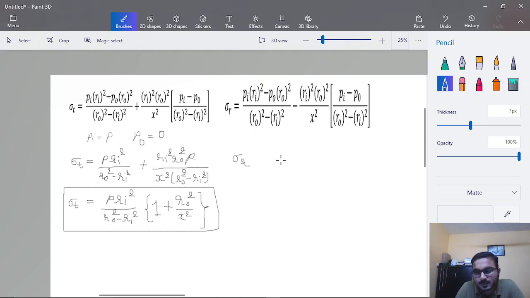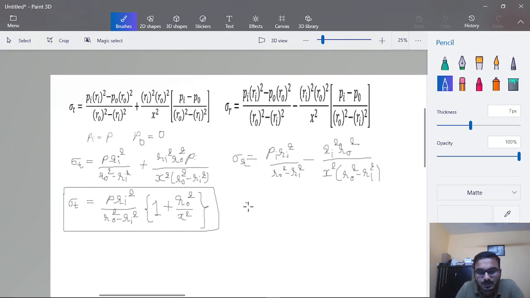Sigma R is equal to Pi Ri square divided by Ro square minus Ri square, minus Ri square Ro square divided by x square into Ro square minus Ri square.